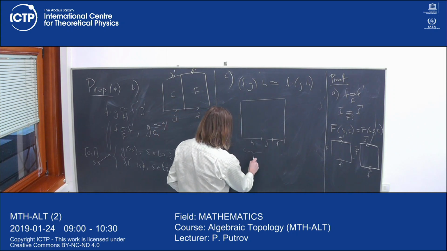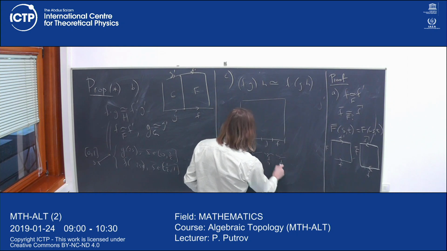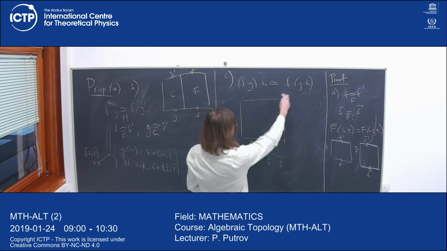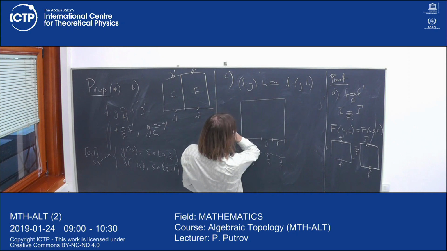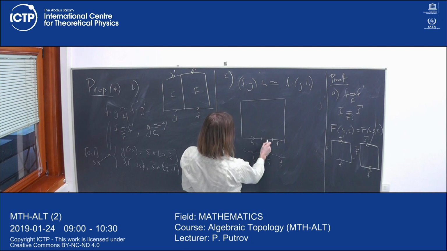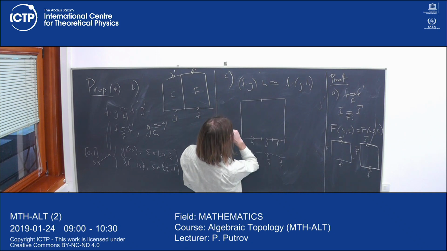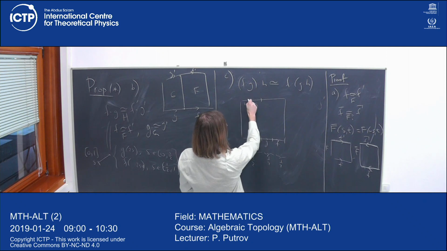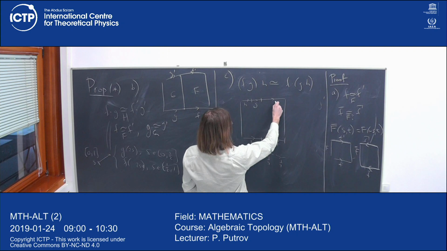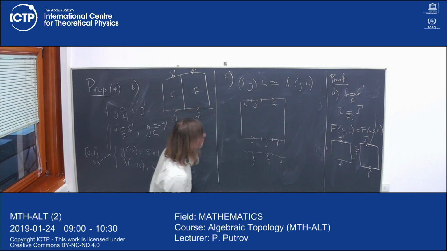So this is 1/2, 1/4, and this is 1/4. And we want to realize a homotopy to the following thing: H, G. Again, this is 1/2, this is 1/4, and this is 1/4.